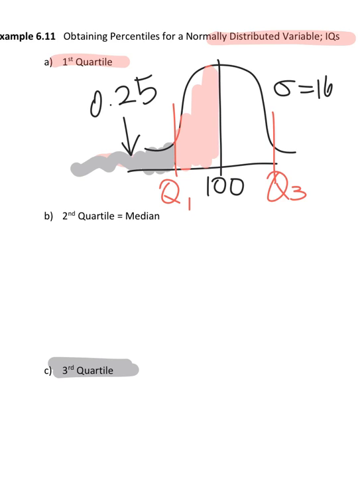So the mean and the median are the same, 100. That is the second quartile, the median.